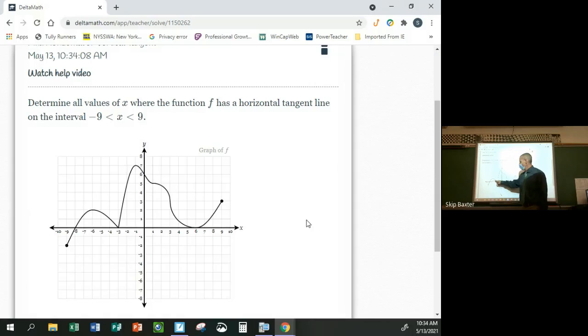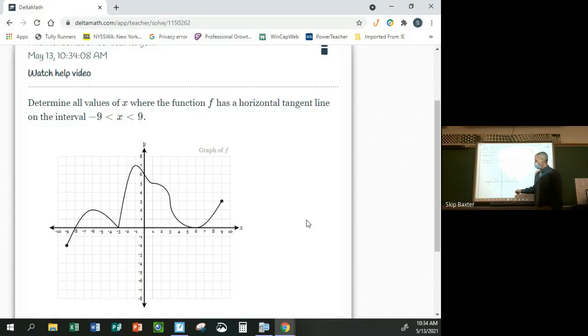Or a cusp. So it would be at -6. There's another relative maximum right there at -1. This is a spot where it just flattens out for a second. That doesn't look like a corner to me. It's a little close, but I don't think that they intended for that to be a corner. So you'd say 1 is another point. And then here's a relative min at 6. So this one would have 4 different answers that you type in.